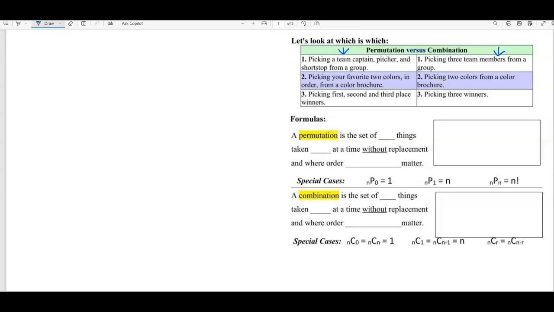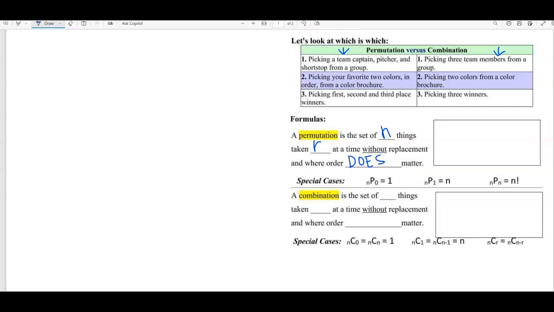Okay, so there are some formulas. A permutation is a set of n number of things taken r at a time without replacement, and where order does matter. These are the 2 variables you're going to see in the formula, an n and an r.